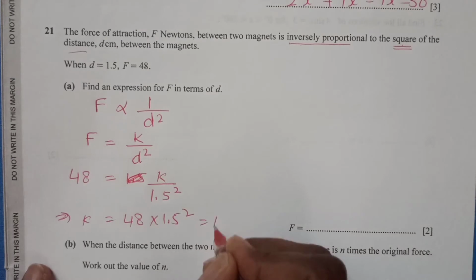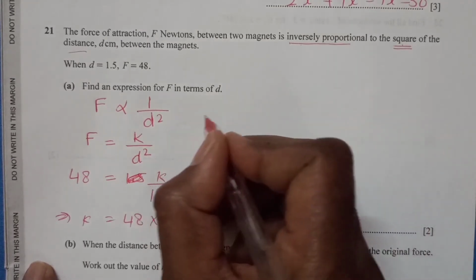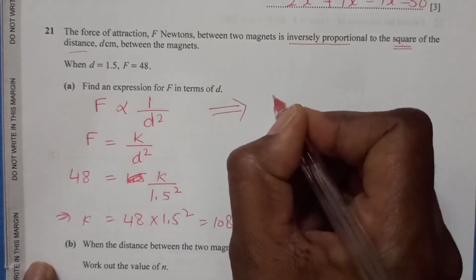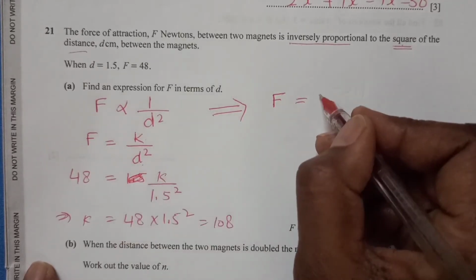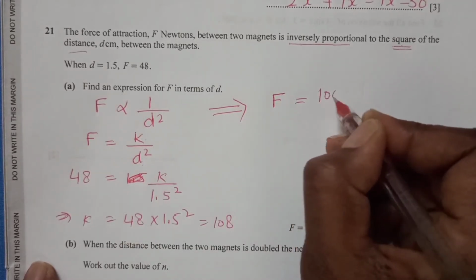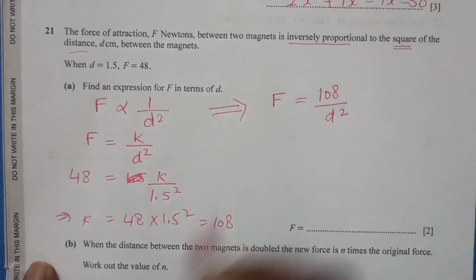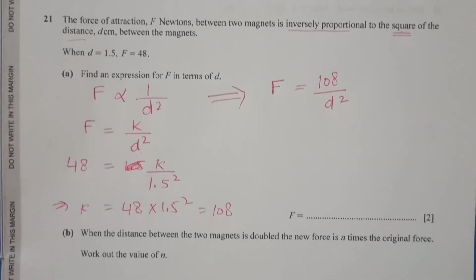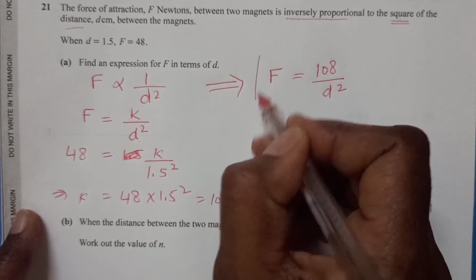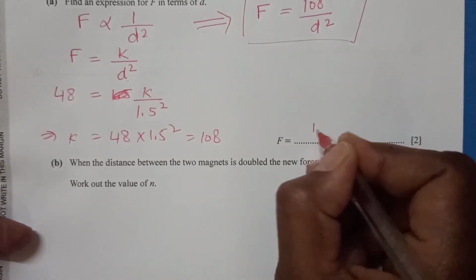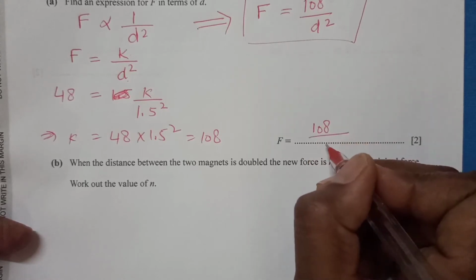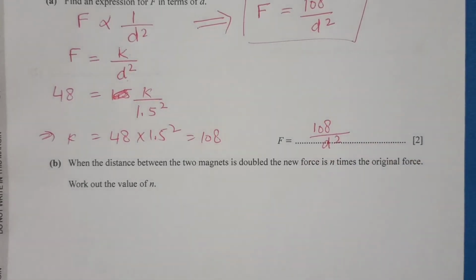So this is 108. So from here f will be k over d square. K is 108 now, over d square. So that will be the expression in terms of d. So this is our answer here. So we can write down 108 divided by d square.